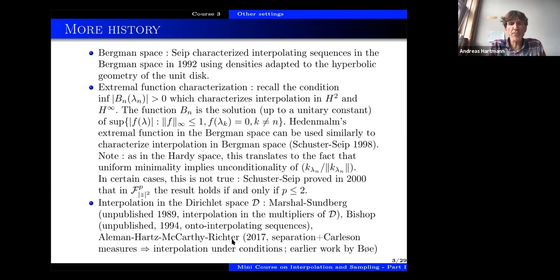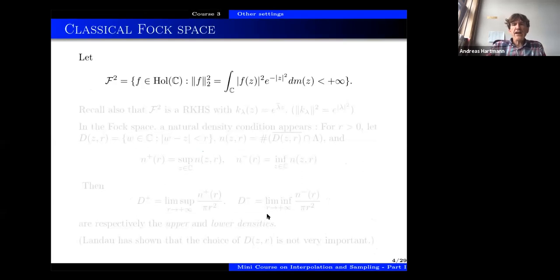Interpolation and sampling problems. So let's get back to a concrete situation, and I think the aim of these courses is also to introduce known techniques, maybe to PhD students who want to know a little bit about interpolation and sampling.